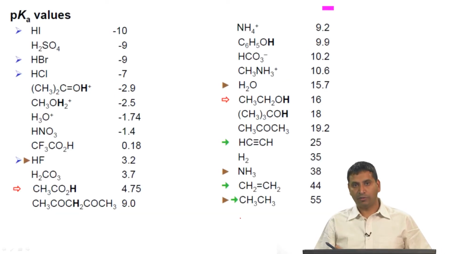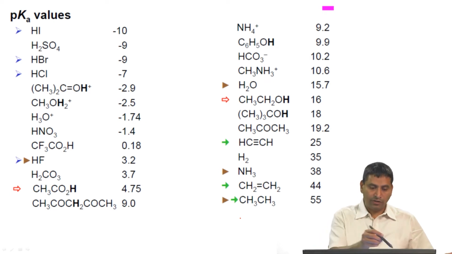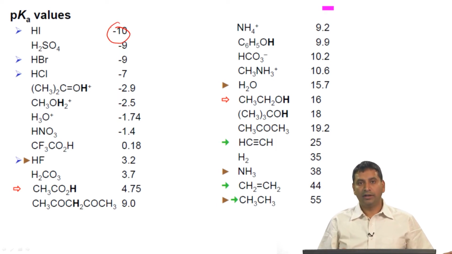So, again we shall summarize some of the pKa values that we have encountered. Let us start with something like HI, which is a very strong acid. The pKa value is minus 10. And let us go to a very weak acid such as ethane, where the pKa value is 55.